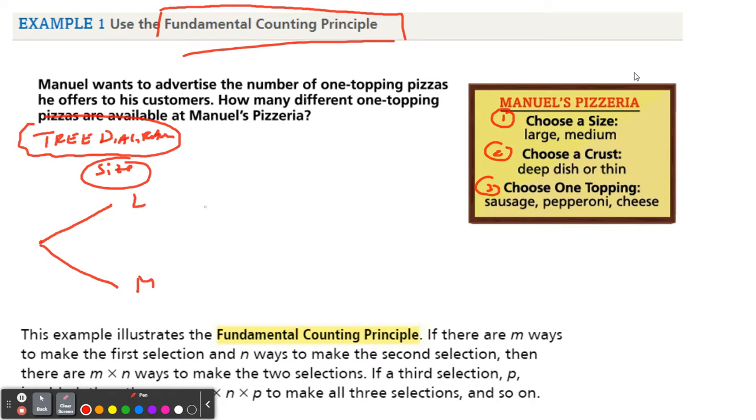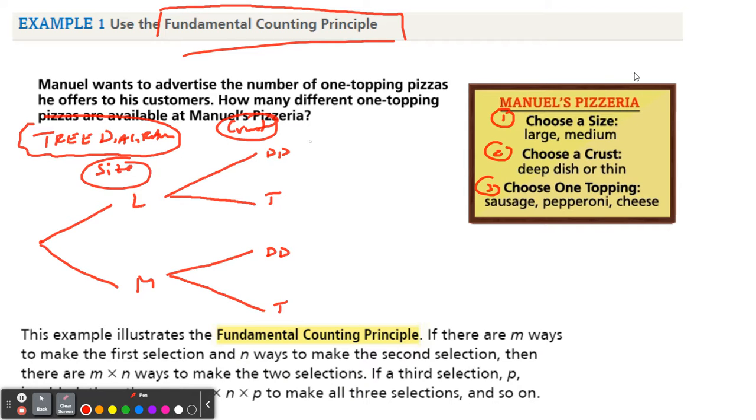From there, you can choose 2 types of crust: deep dish or thin. Again, I'm going to go big with these branches. For each choice, you can choose deep dish or thin. This is your crust choice. After the crust, you have your toppings, and there are 3 toppings to choose from.